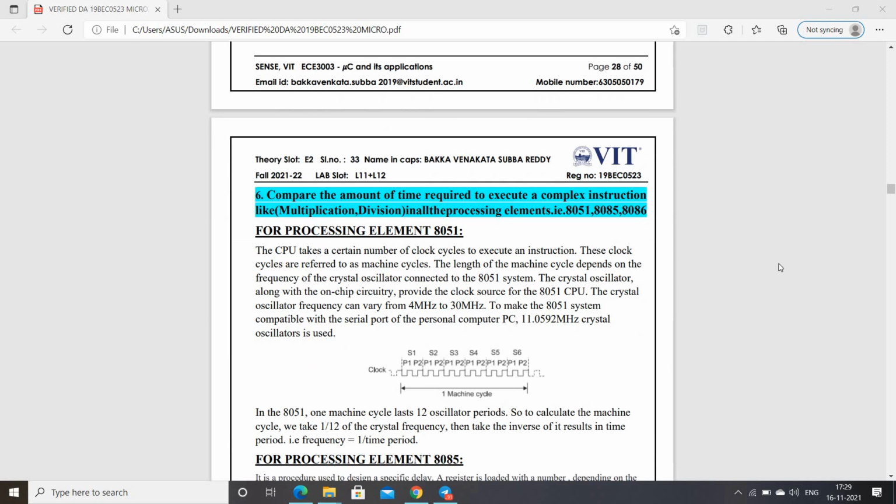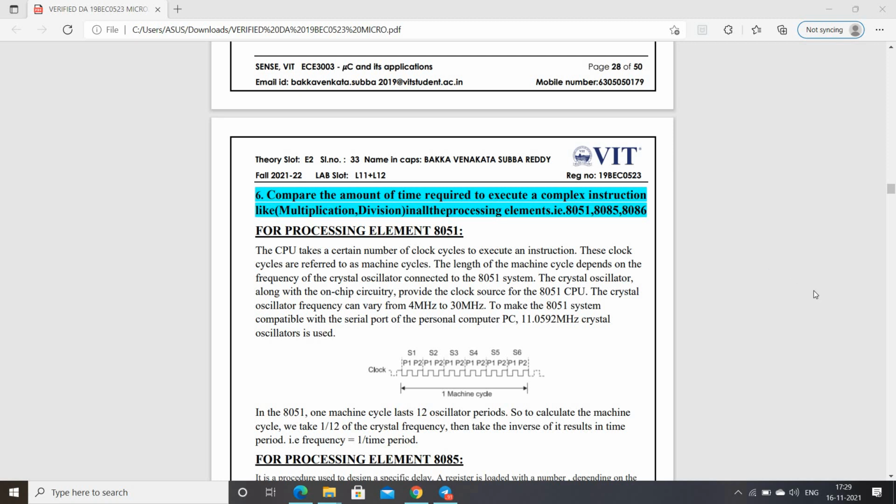So moving on to the sixth question, compare the amount of time required to execute a complex instruction like multiplication and division in all the processing elements, which means 8051, 8085, 8086.